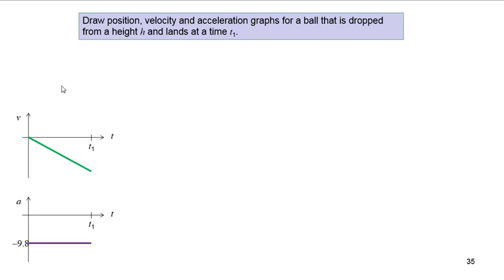So I'm going to draw something like this. Here I have a constant 0 slope in the beginning, and then you can see the slope of this line gets more and more negative, and that's when the object lands. So this is my y position versus time graph for this object.